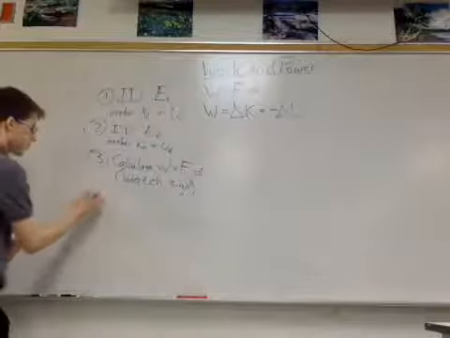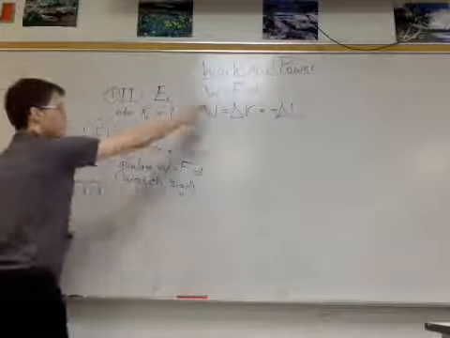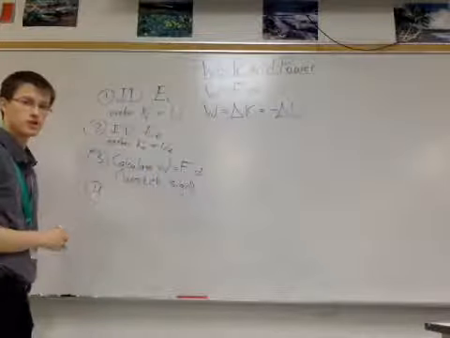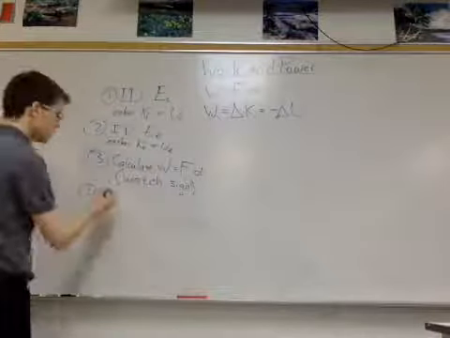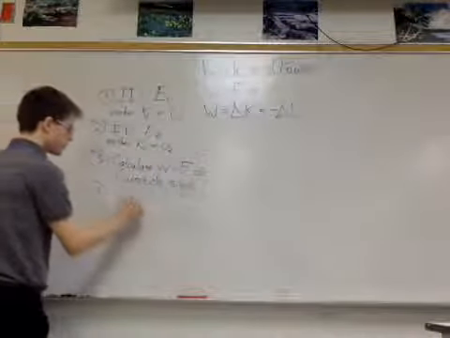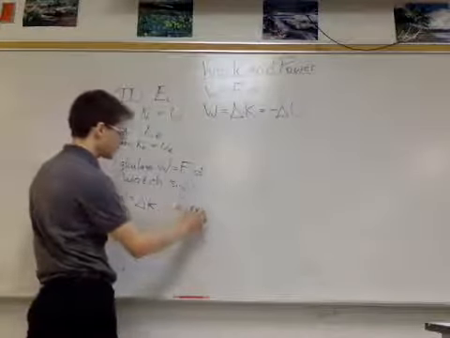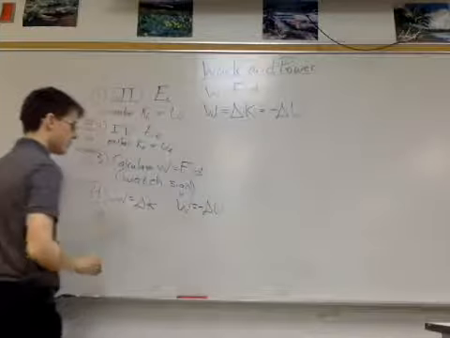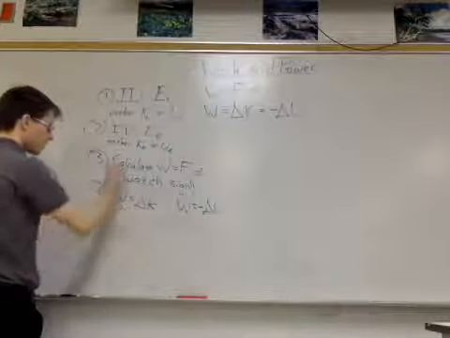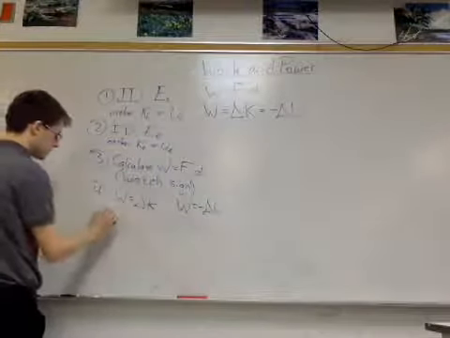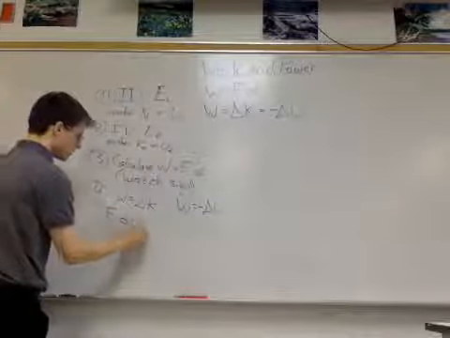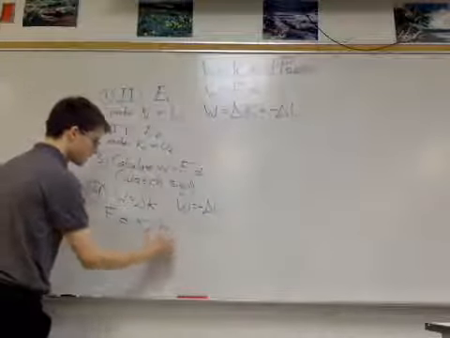So then the last step is to use our second definition of work, which is that it's equal to the change in kinetic energy or the negative change in potential energy. And here we're going to say, okay, well, work is equal to delta K, or if you're doing it in terms of potential, then work is equal to negative delta U, and then we substitute. So then, okay, work is force times displacement. So we have F dot d equals your final kinetic minus your initial kinetic.